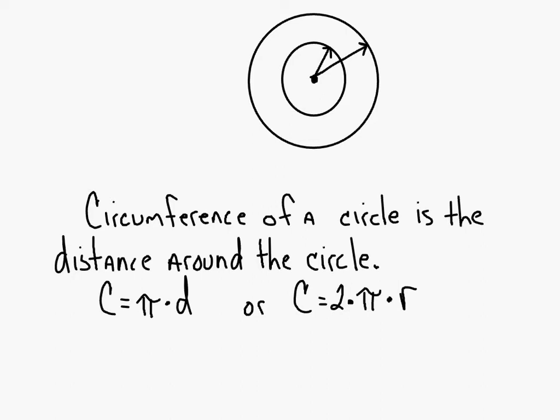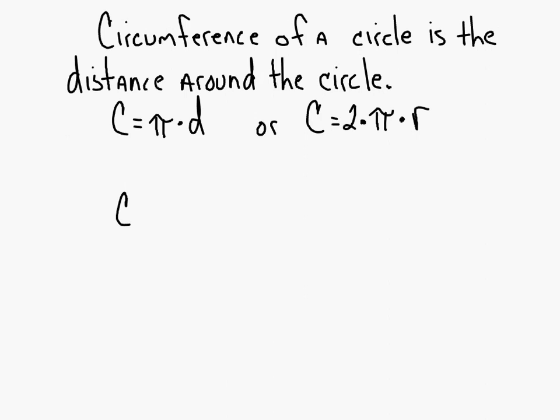Here's a couple other formulas you'll want to have. If circumference is equal to pi times diameter and you divide both sides by pi, then circumference over pi equals the diameter. So if you're given the circumference and asked to find the diameter, divide it by pi.